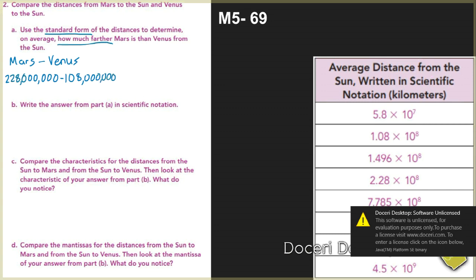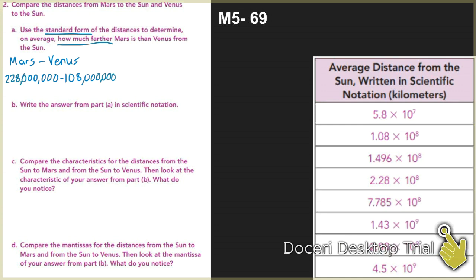Okay. And when we do that subtraction, whether you do it on paper or in a calculator or whatever method you want to do, you're going to end up with 120 million. And we know that this is in miles. We always need to have our label. Okay? So we got 120 million miles is our answer there.